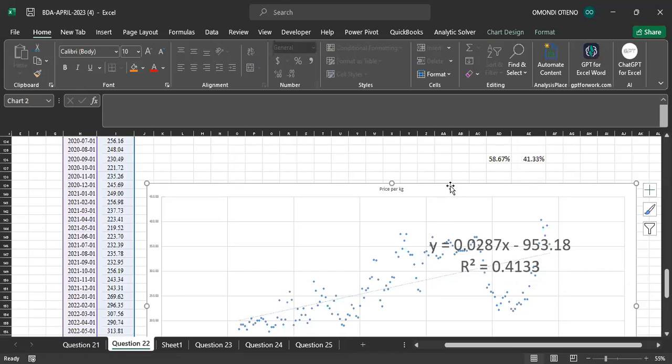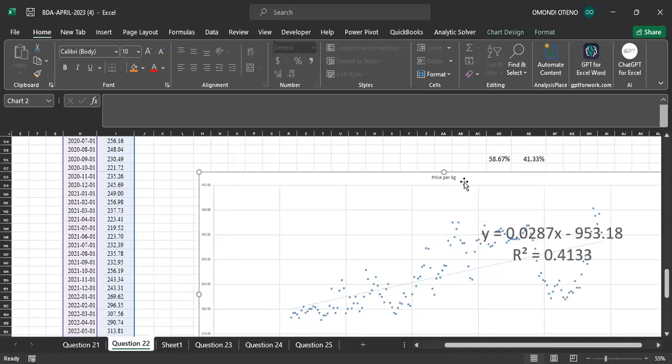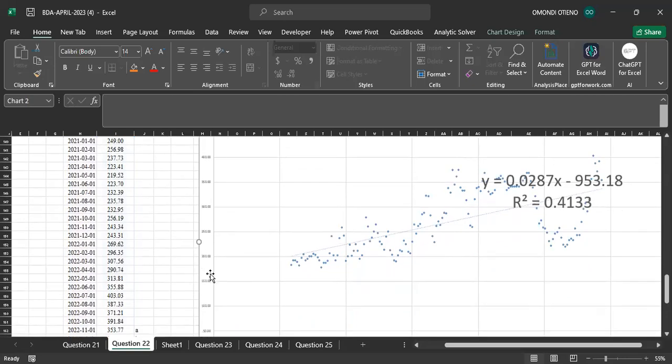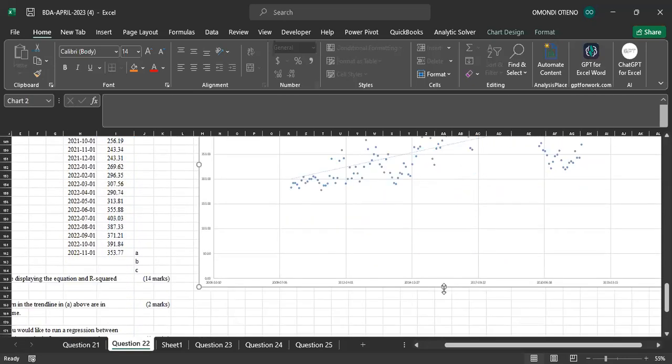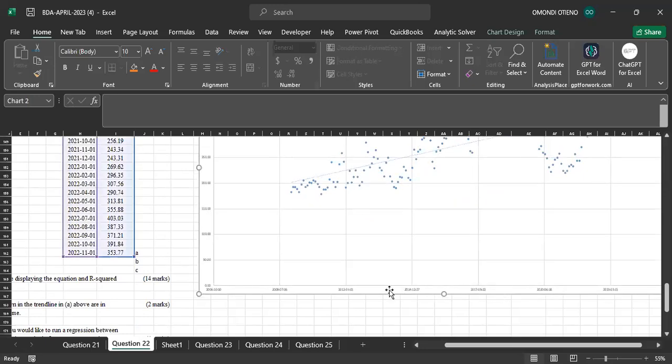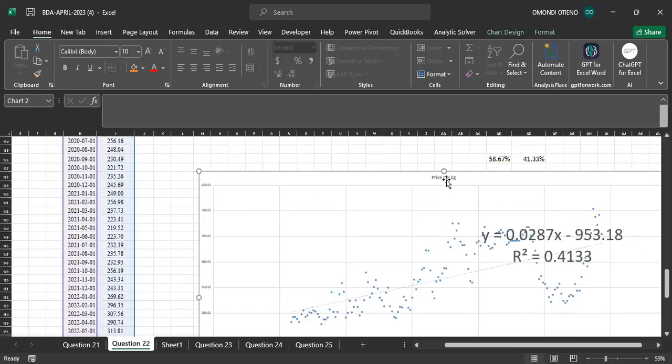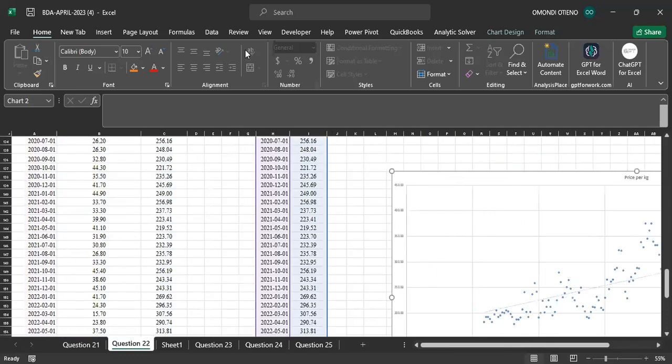Then you are done with part A of the question. Remember, you have to give us the axis titles, both X and Y axis, and the title of the chart. Then you display this as per the instructions, and you'll be able to have your 14 marks.